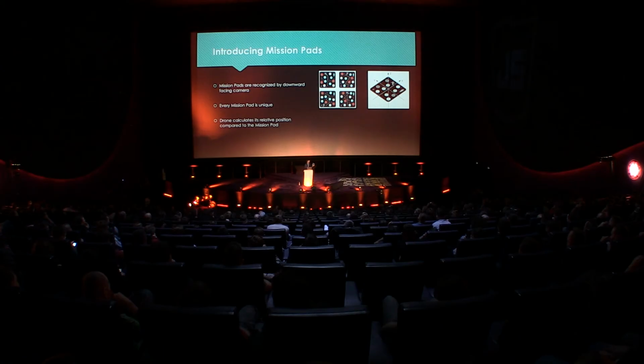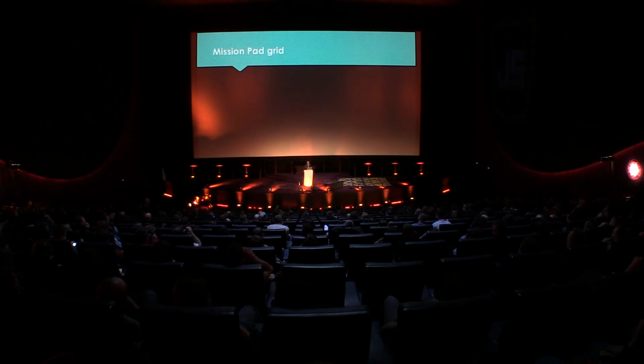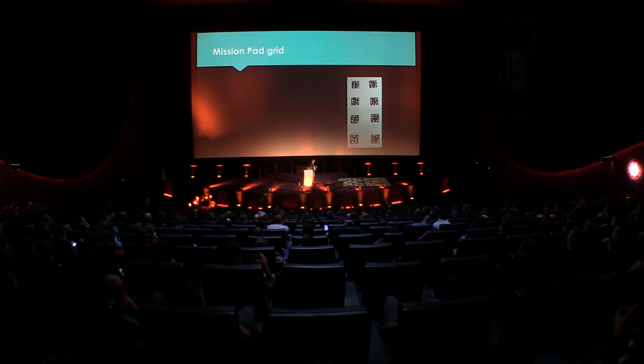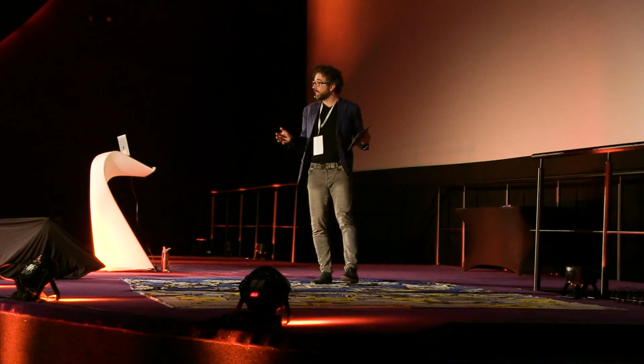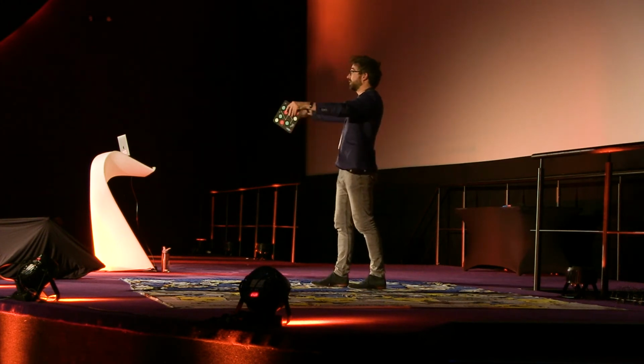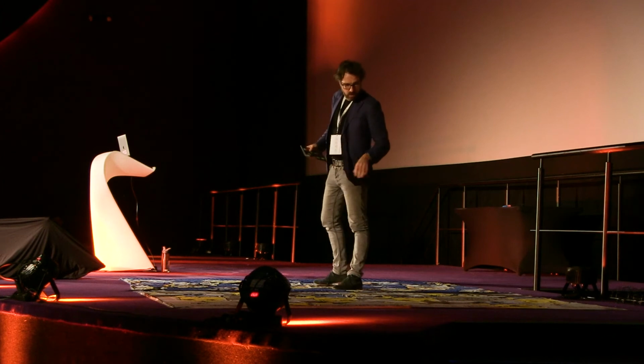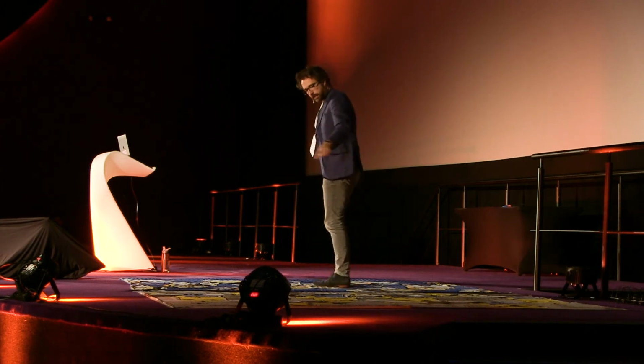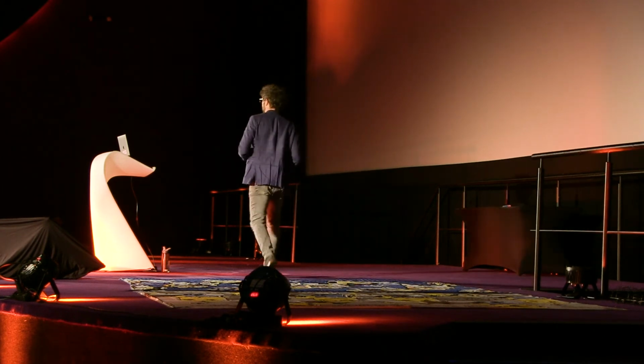So what the drone does is it calculates its relative position to the pad in this space. If it knows its relative position, and we put down a grid, and that's what happened here, we can start calculating where the drone is in this relative space. Say the relative space is this piece of cloth. There are like 8 mission pads on here.